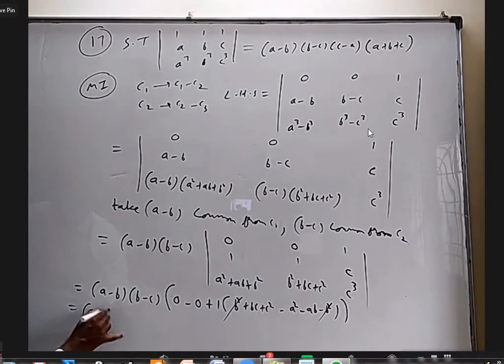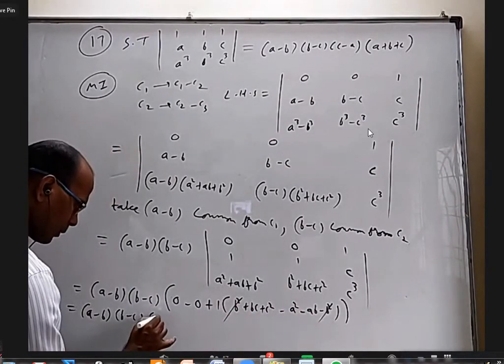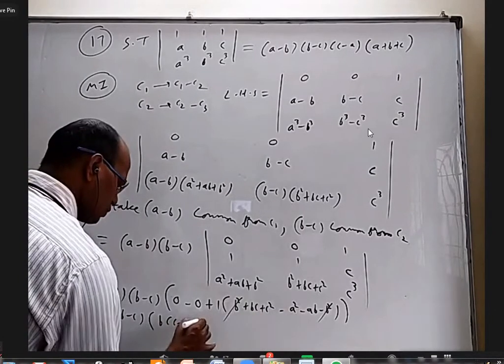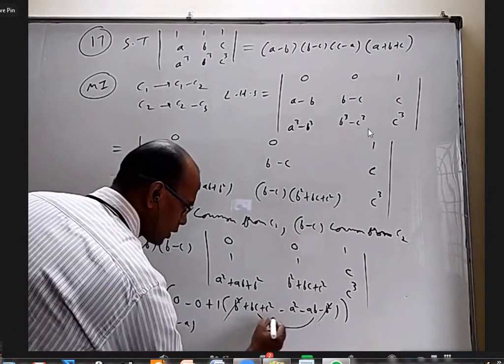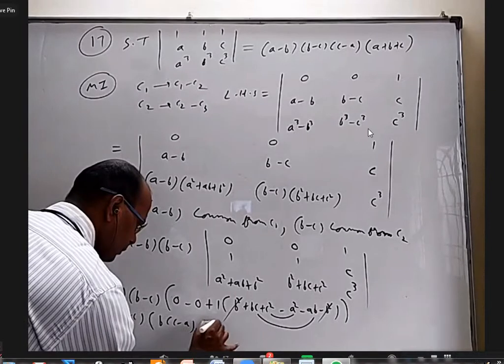So that is a minus b and b minus c. And here, if I take b common, I will get c minus a. Here, c square, I want to combine these two and these two. c square minus a square, I can write as c plus a into c minus a.